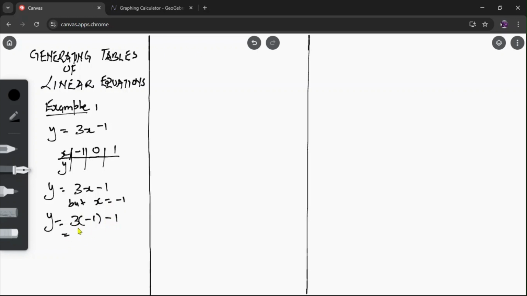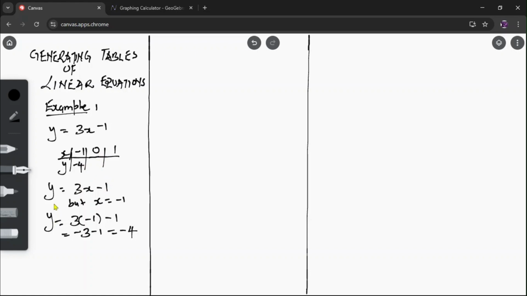So I work this out: 3 multiplied by -1. What is your answer? Positive times negative gives me negative, so 3 multiplied by 1 gives me 3, so -3. Then I subtract 1. If you have -3 minus 1, the answer is -4. So here you have -4.